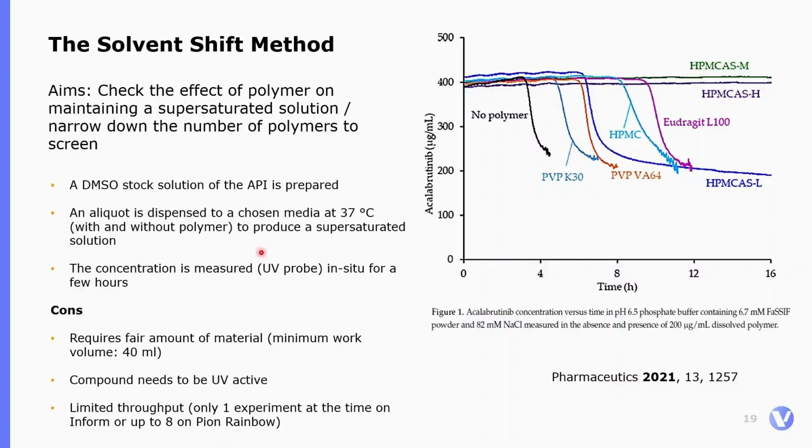The API concentration is then monitored by UV over time. Different polymers are tested in parallel, and the effect of each polymer on delaying crystallization is determined at the end.